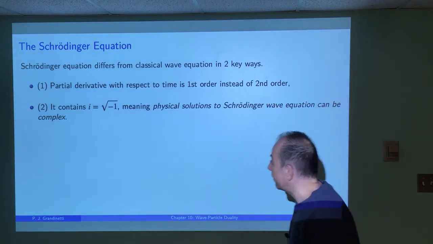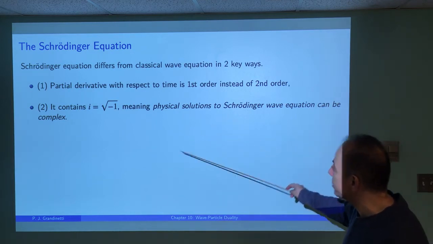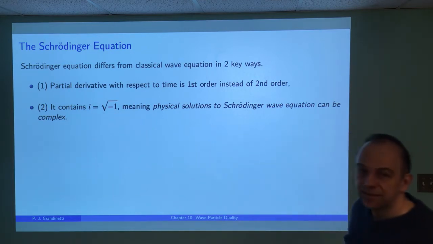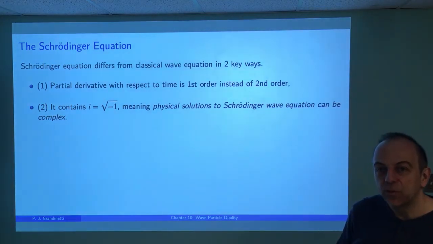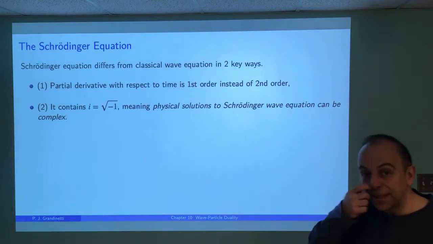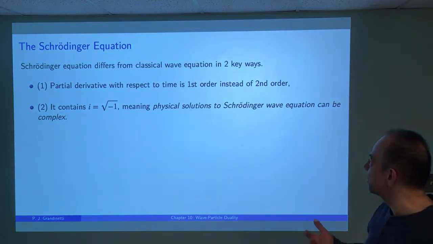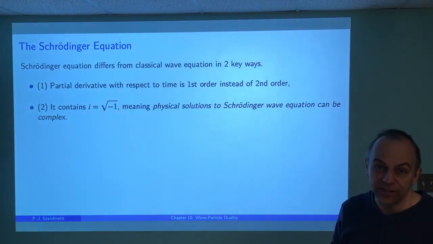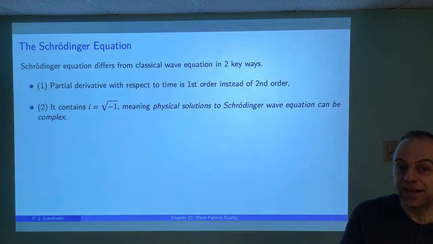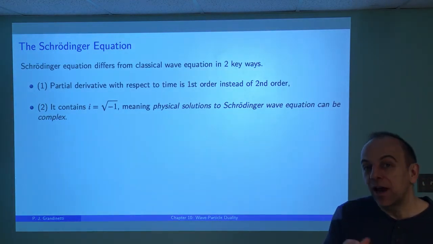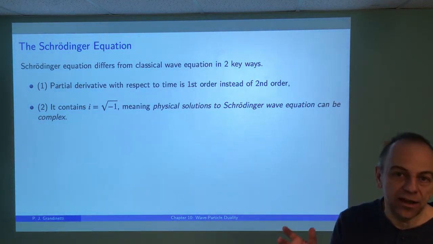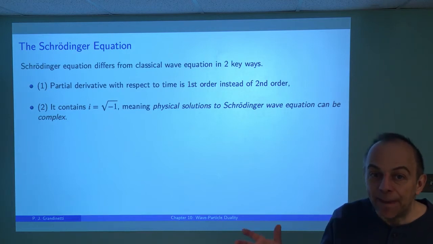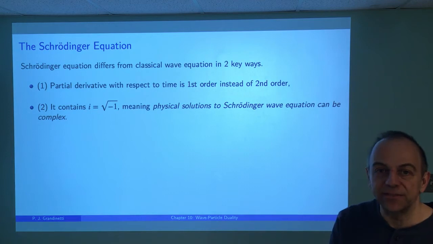But the other interesting difference is that the wave equation involves i, the square root of minus 1, which means that complex solutions are actual physical solutions to the Schrodinger equation. In contrast to what we did with the classical wave equation, where we used complex numbers as a mathematical convenience, we knew that waves were not complex, but it made the math more compact, and it allows us to deal with phases and frequencies very easily.